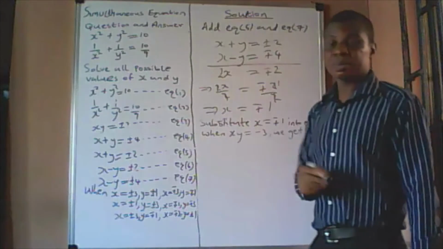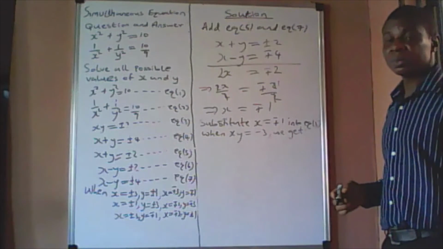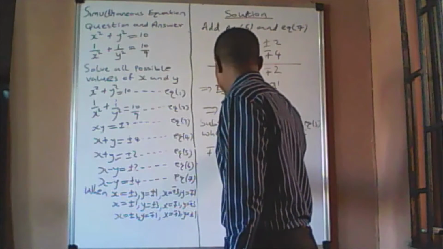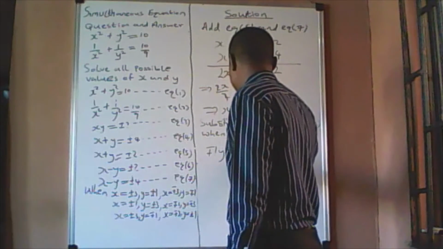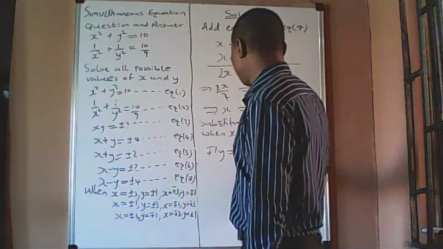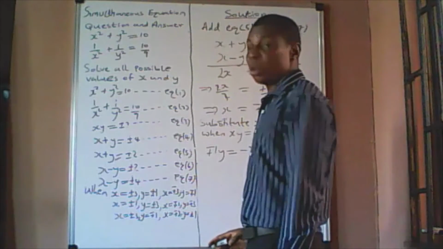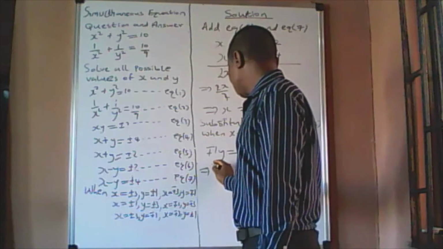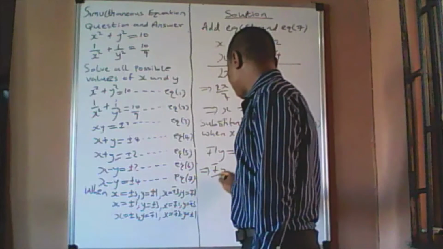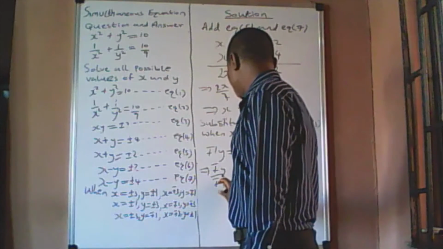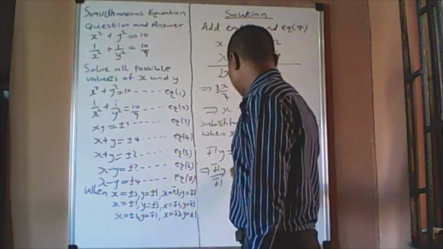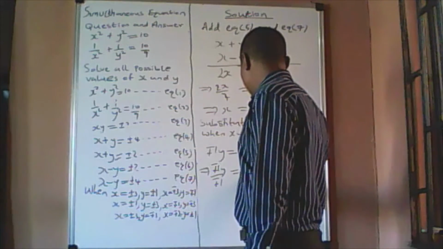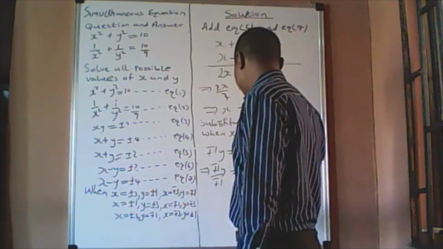We get minus or plus 1 y equal to minus 3. We divide both sides of the equation by minus or plus 1. It implies minus or plus 1 divided by minus or plus 1 equal to minus 3 divided by minus or plus 1.